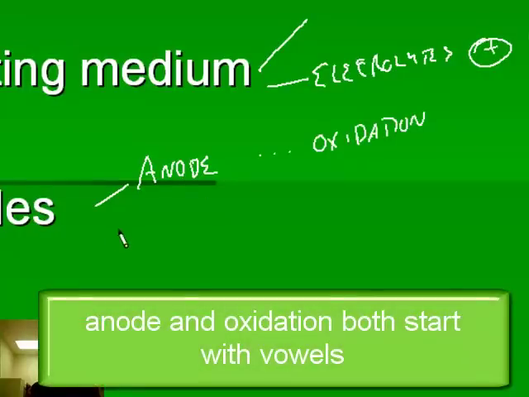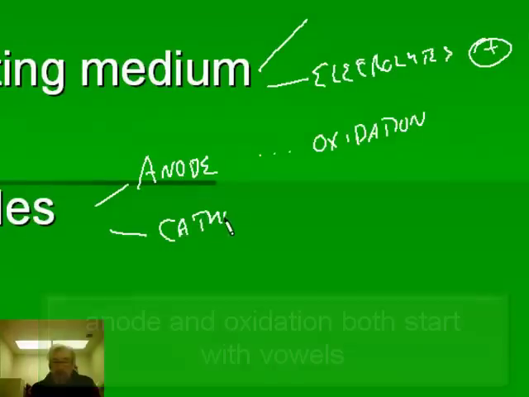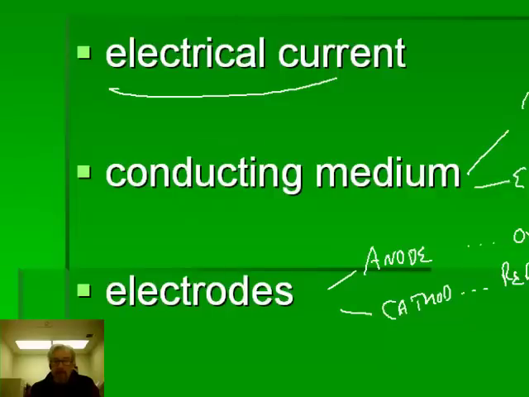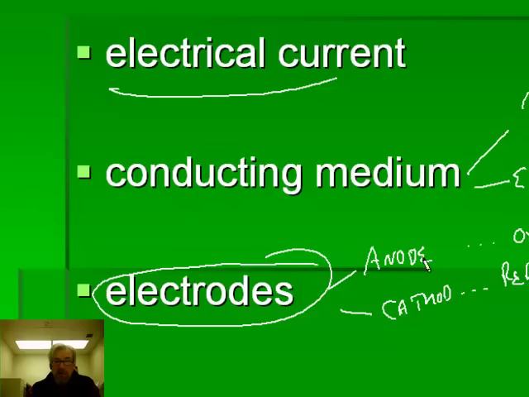And the cathode is the electrode where reduction occurs. The connections between the outside electrical current and the inside chemistry, the conducting medium, are the electrodes. These electrodes are sticking into the conduction medium, but they're also connected to the electrical circuit.